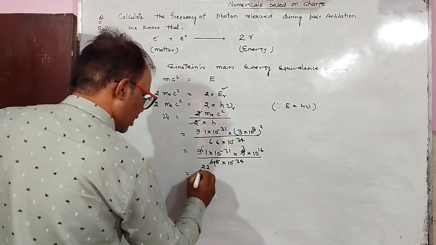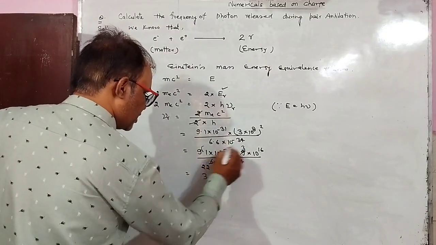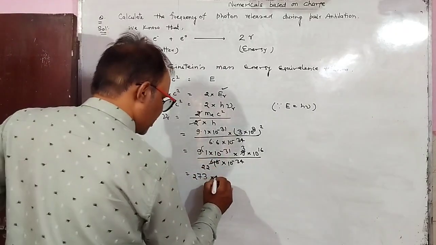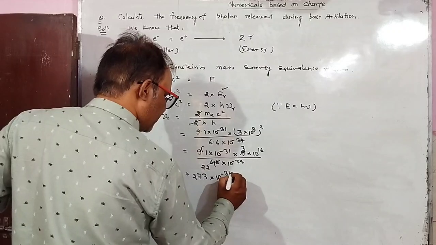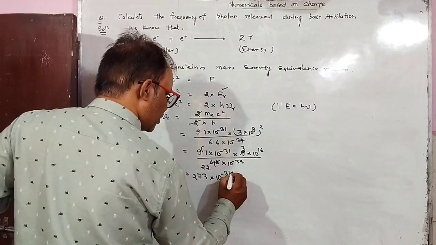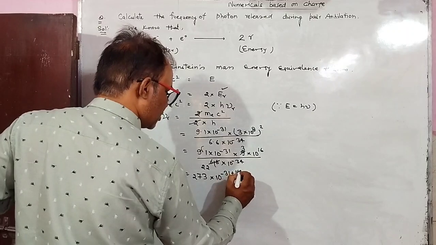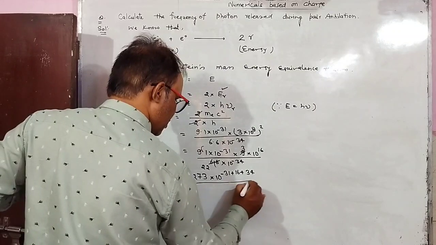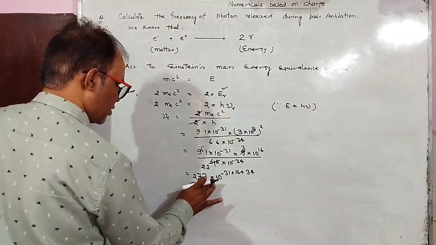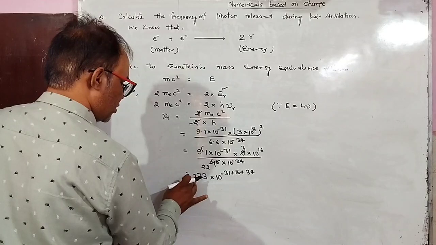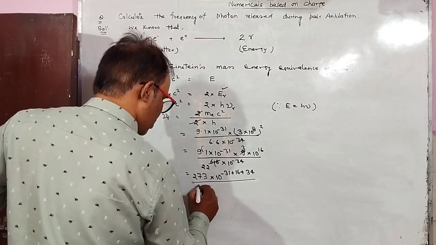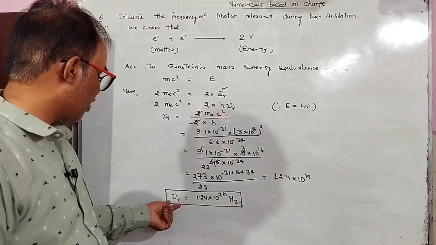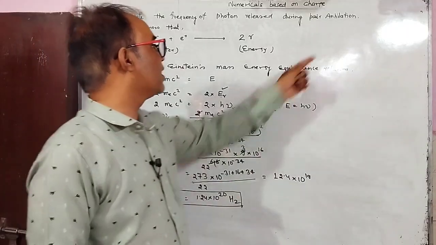So this gives 3 1 ja 3 and 3 9 ja 27 into 10 to the power minus 31 plus 16 plus 34 upon 22. This is the expression for the frequency of gamma ray which is released during pair annihilation.